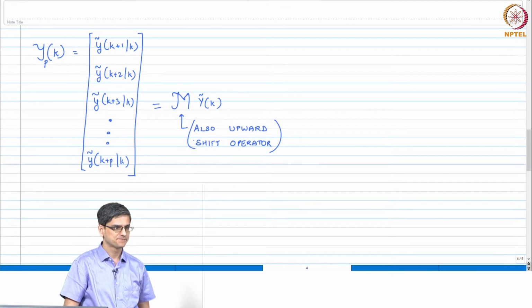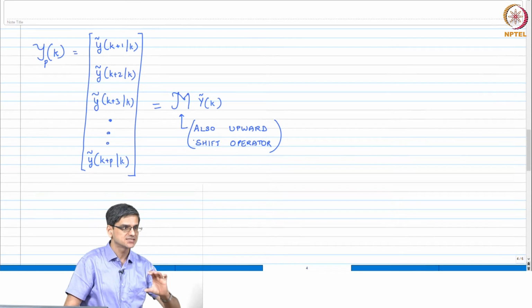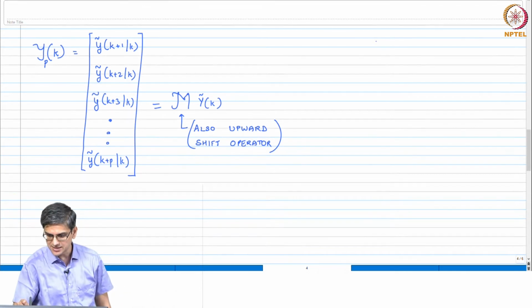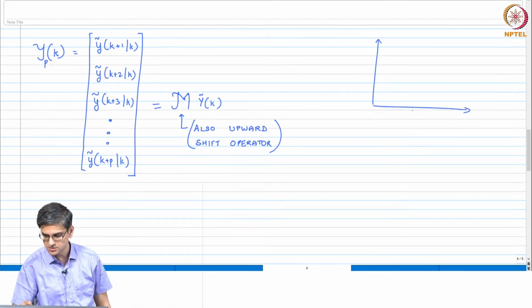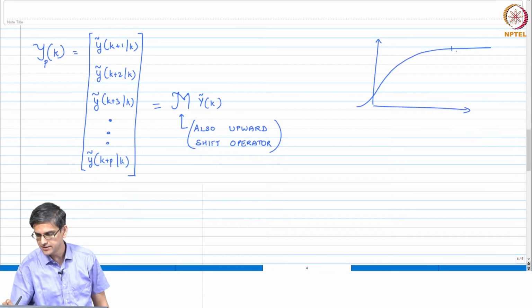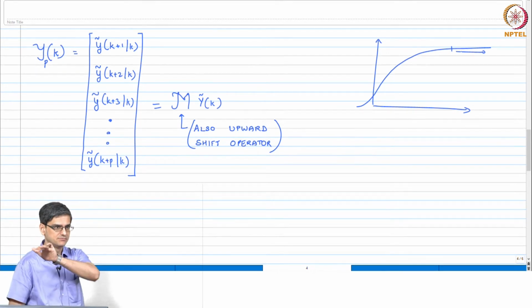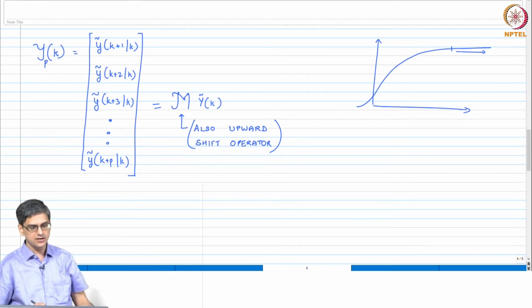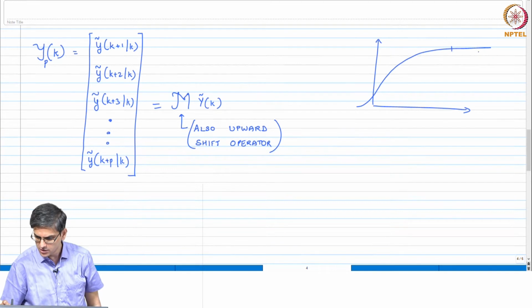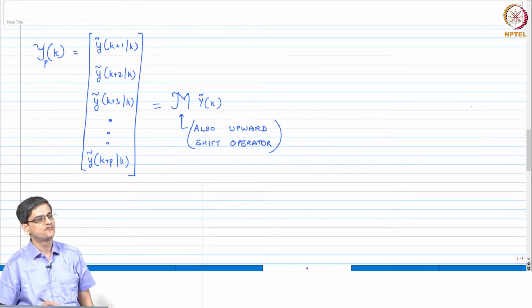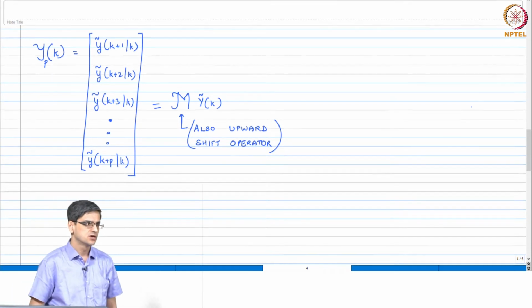Repeat the last item 11 times, right, because what is the assumption of step response? That after n things remain flat. That is why we will repeat our y hat.